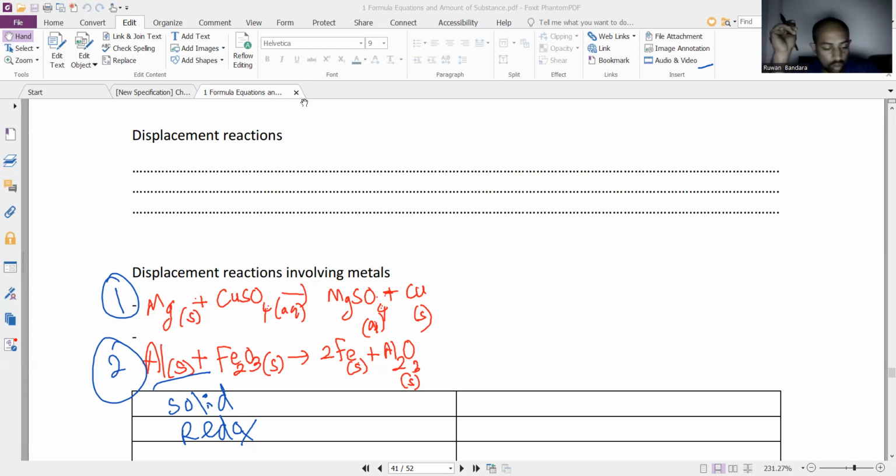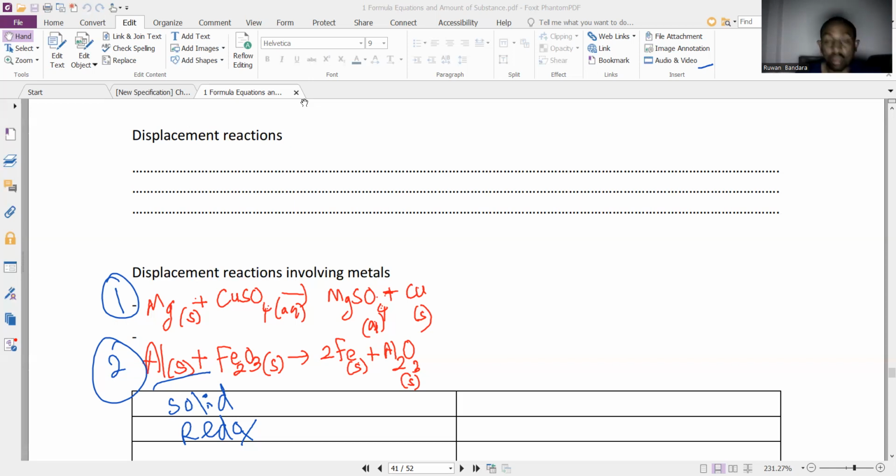No, right? But you can work out the oxidation numbers, but you cannot see the electrons, right?